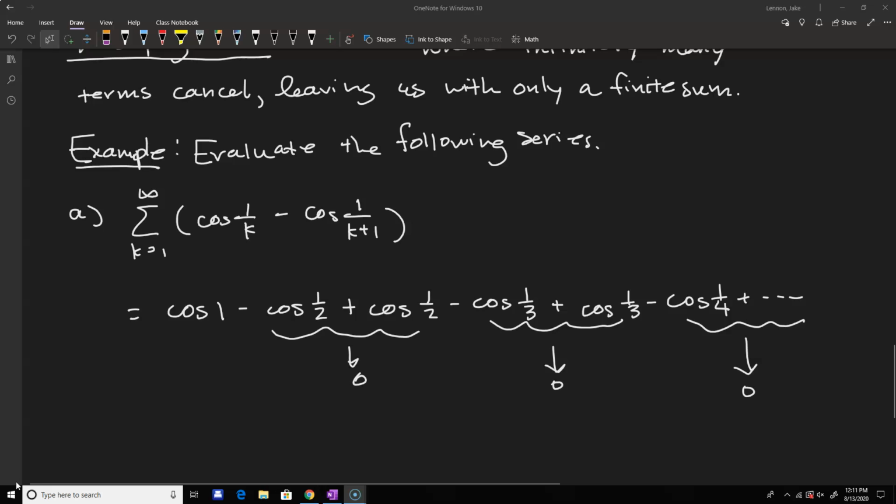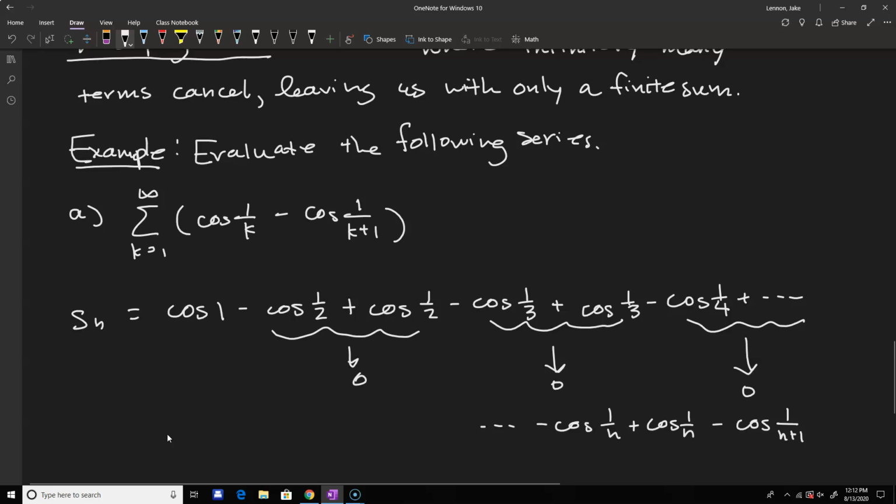So what we want to do is think about these in terms of partial sums and then take that limit. So let me rewrite this. If we did S sub n, pretending like the series stopped, we would eventually have a bunch of other terms, and then we would end up with a minus cosine 1 over n term, a plus cosine 1 over n term, and then a minus cosine 1 over n plus 1, because we would get that one extra term coming out.